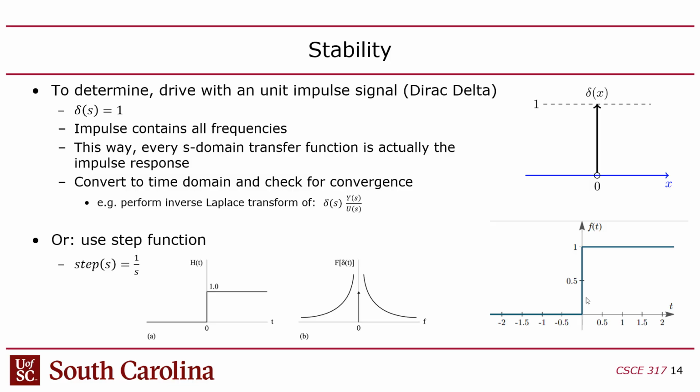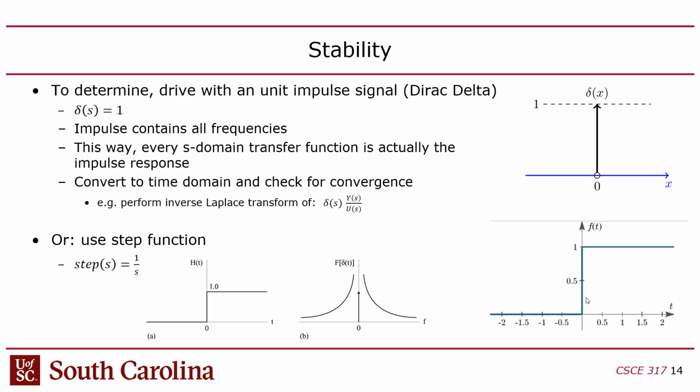Makes sense, right? The problem is that, remember, a transfer function is an S-domain ratio times an S-domain ratio. So what is the S-domain ratio of an impulse? The impulse is this weird thing where you essentially give it a 1 at time 0, and it's 0 everywhere else, right?